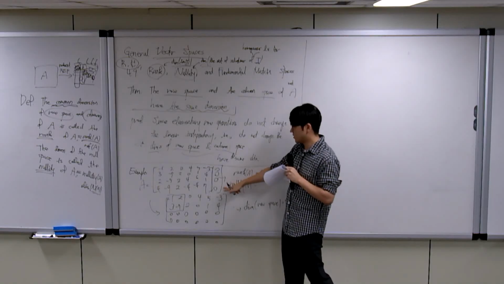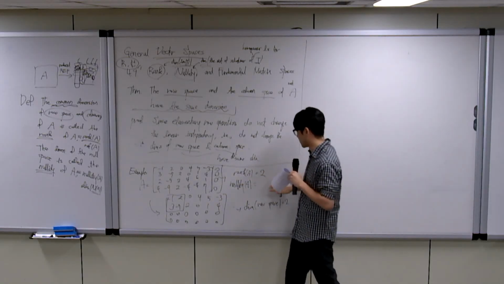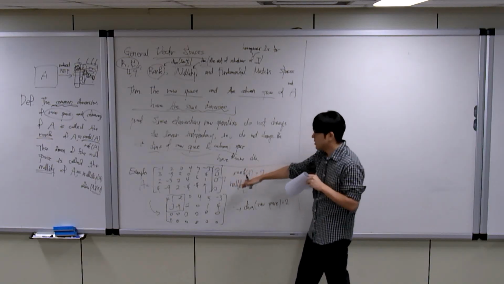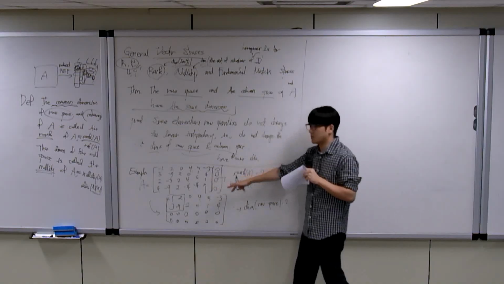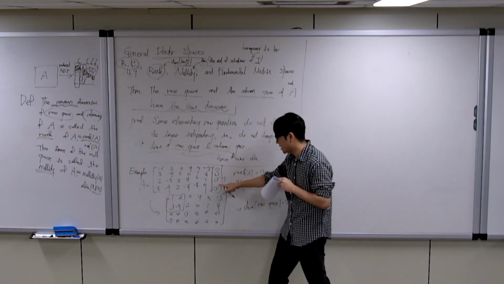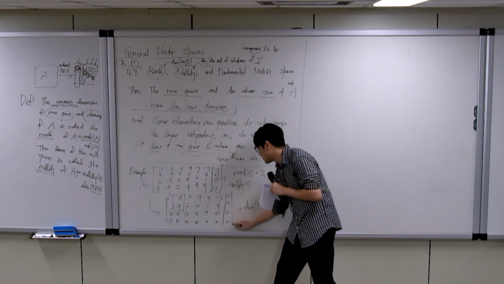I'm calculating to get back to our class. The nullity is the space of solutions of this homogeneous linear system, and calculating this is the same as calculating the homogeneous system here.